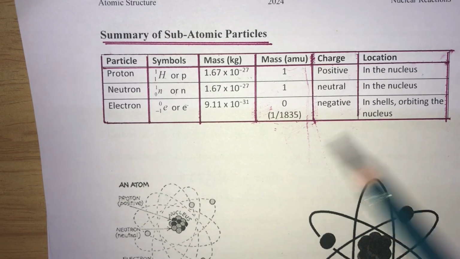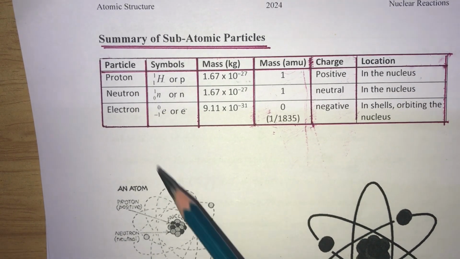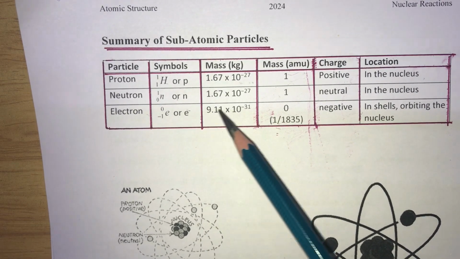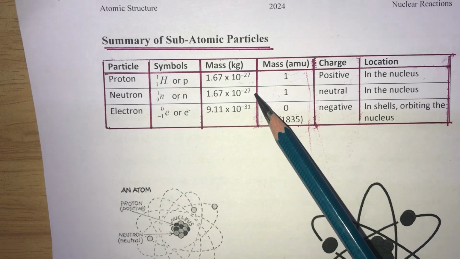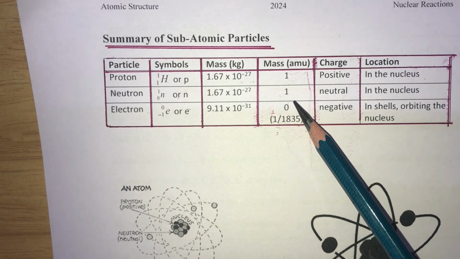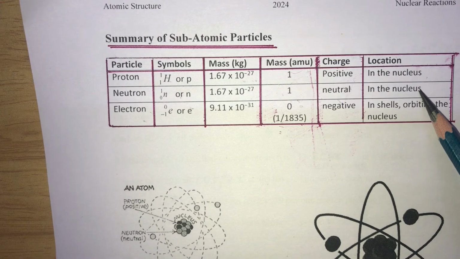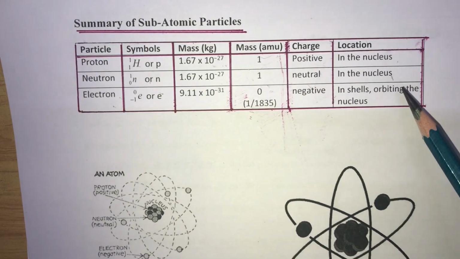Charge is positive. Location: in the nucleus. Neutron: atomic number 0, mass number 1, and 1.67 into 10 to the power -27 kilogram, 1 atomic mass unit. Neutron is neutral in nature and is present in the nucleus.